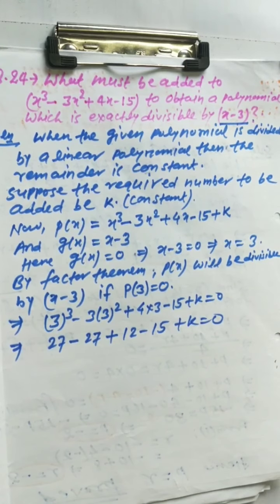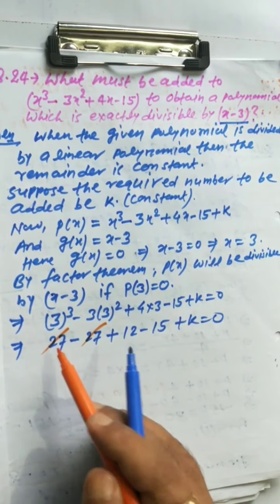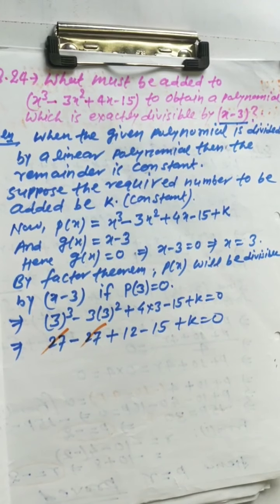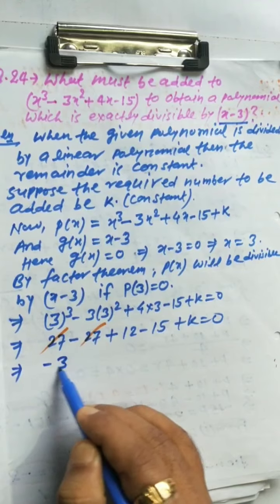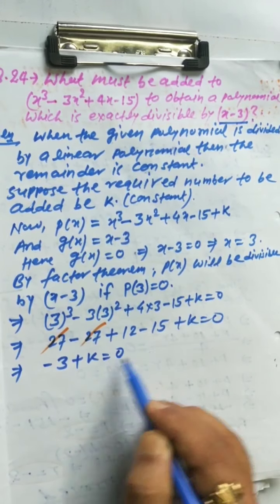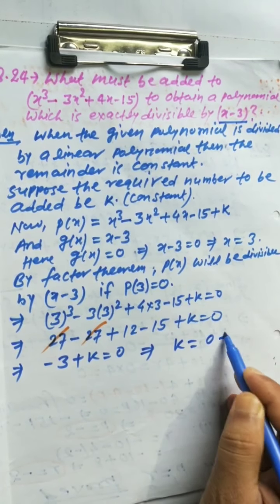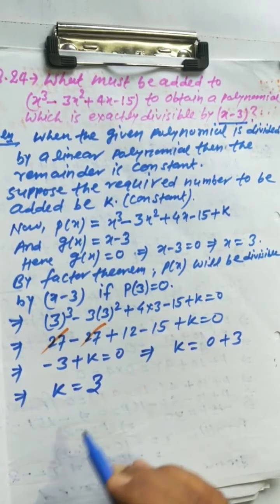Now you can cancel this 27 and this 27, one is positive, another is negative. So we have 12 minus 15, that is minus 3 plus k equal to 0. This implies that k is equal to 3.